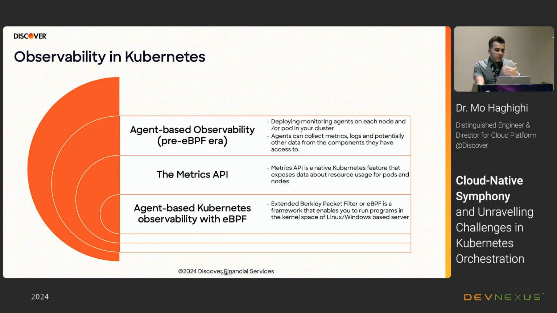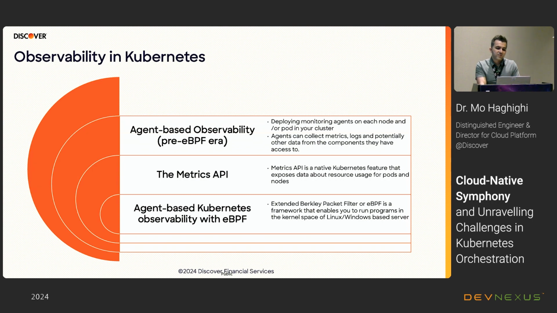And there are new ways, in the third approach, using agent-based Kubernetes observability with eBPF. That's basically getting observability data using extended Berkeley Packet Filter to collect traces. It's not that complex, but it's not that common yet, though it's becoming quite popular to pair that with some of the data sources and tools.